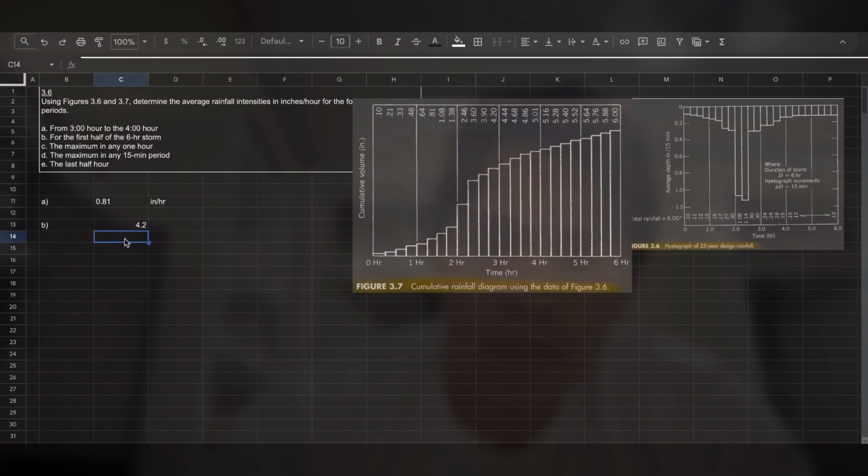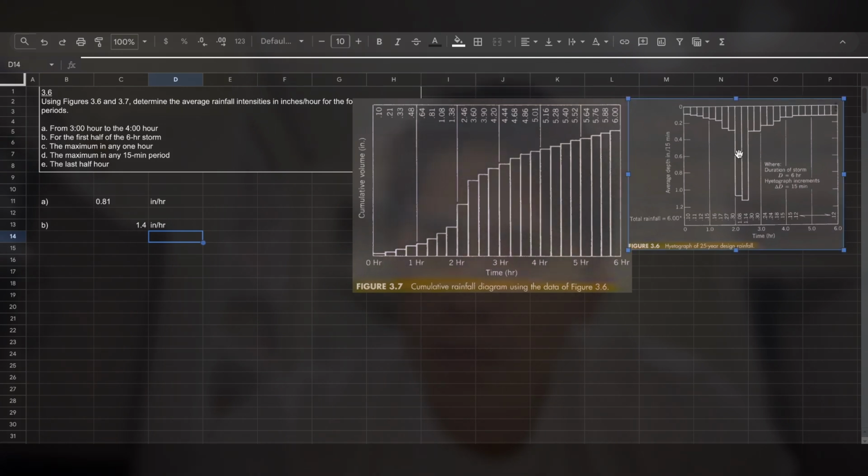All of that divided by 3 hours minus 0 as well. So let's just do that here. Divided by 3, it will be 1.4 inches per hour.